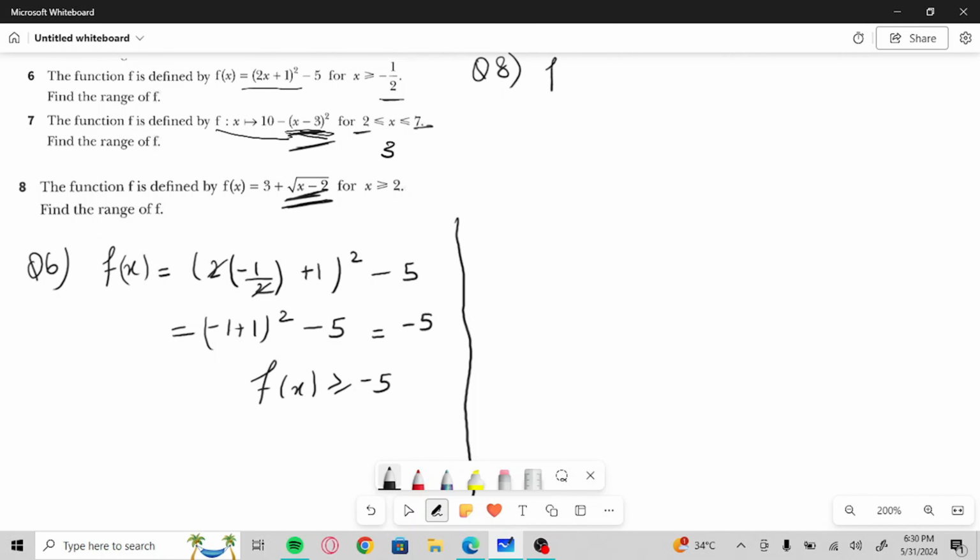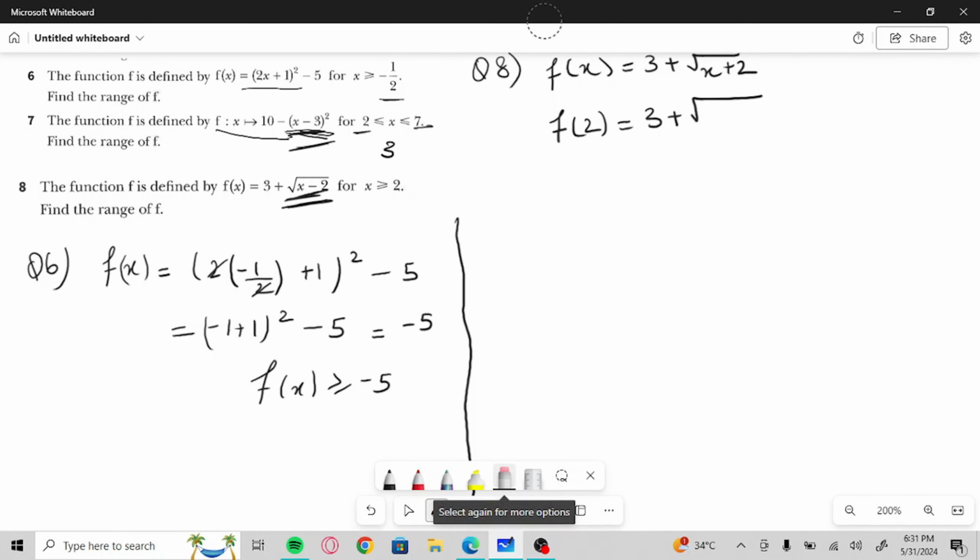So if we say f(x) is equal to 3 plus the square root of (x minus 2), and we input x to be 2, we get 3 plus the square root of (2 minus 2), which is 3 plus the square root of 0. The square root of 0 is 0, which gives 3 in return.